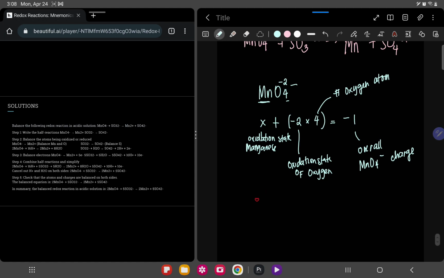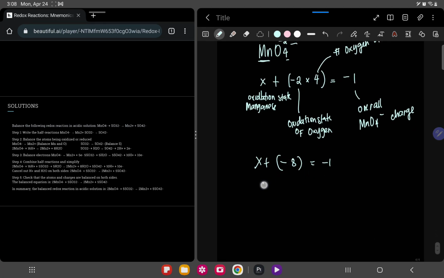The equation is x plus negative 8 is equivalent to negative 1. If we move negative 8 to the other side of the equation, we'll have positive 8. And the answer for the manganese oxidation state is positive 7.